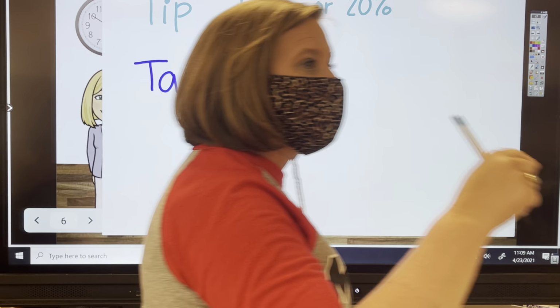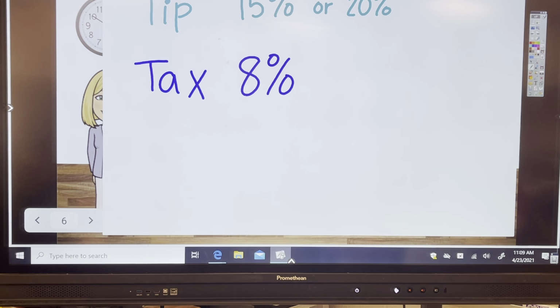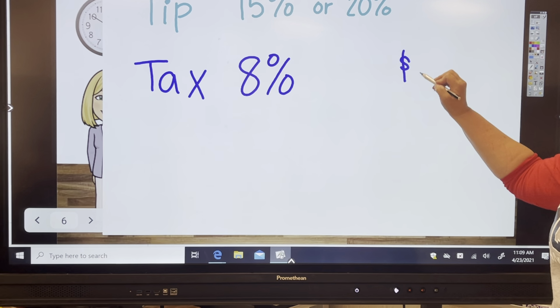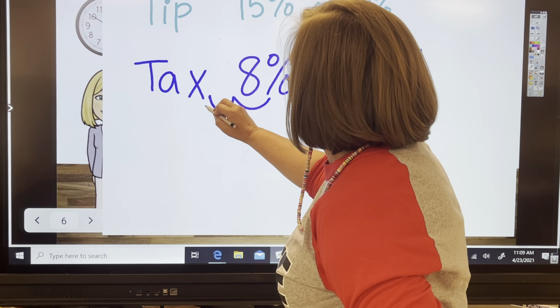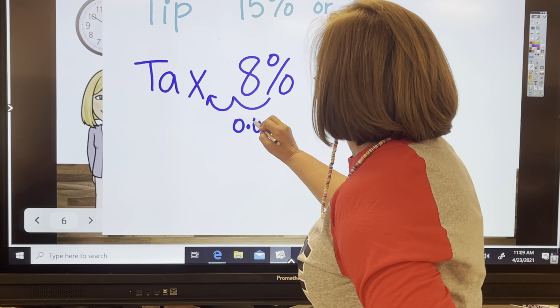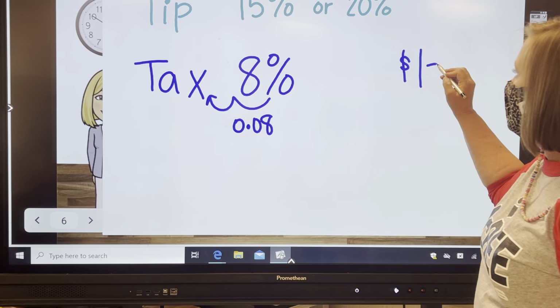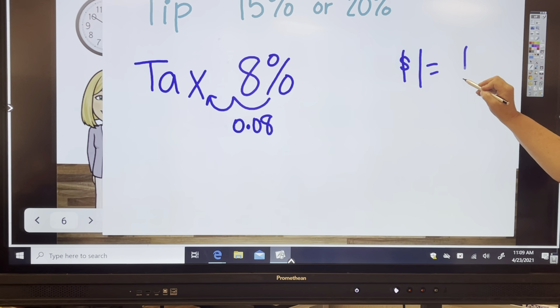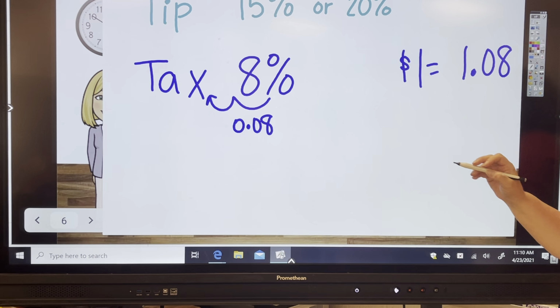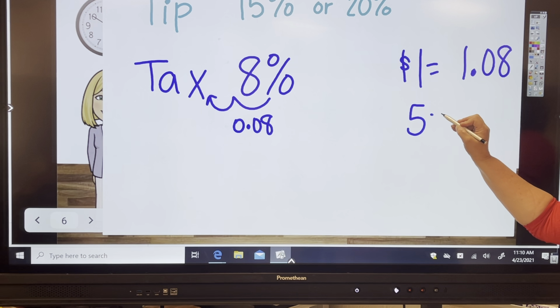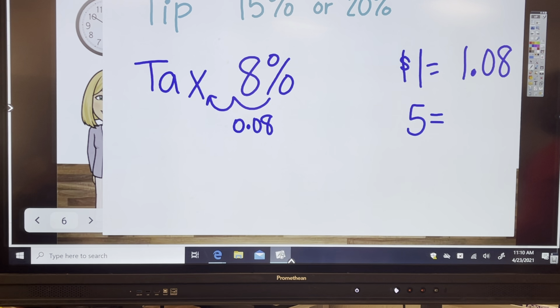So if you spend $1 on something, how much is your sales tax going to be? 8 cents on every dollar. So if it's a $1 item, it's really going to be $1.08.